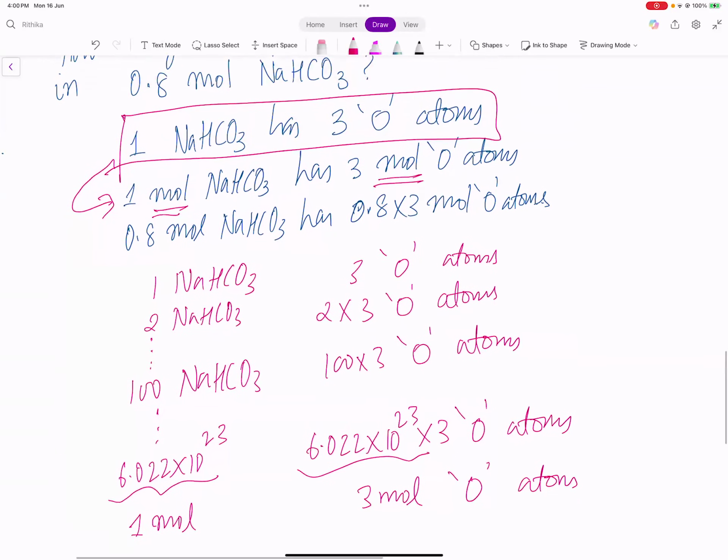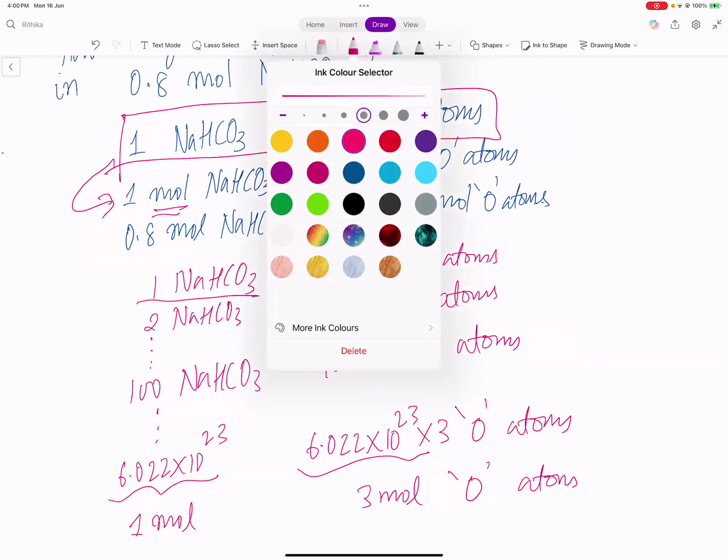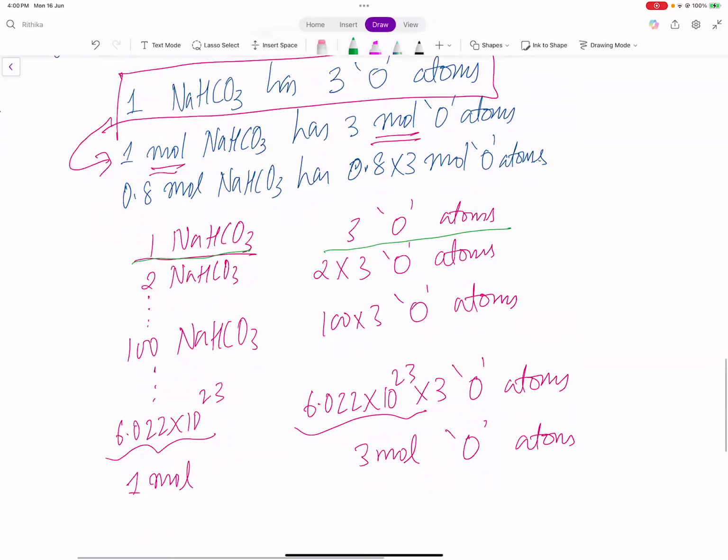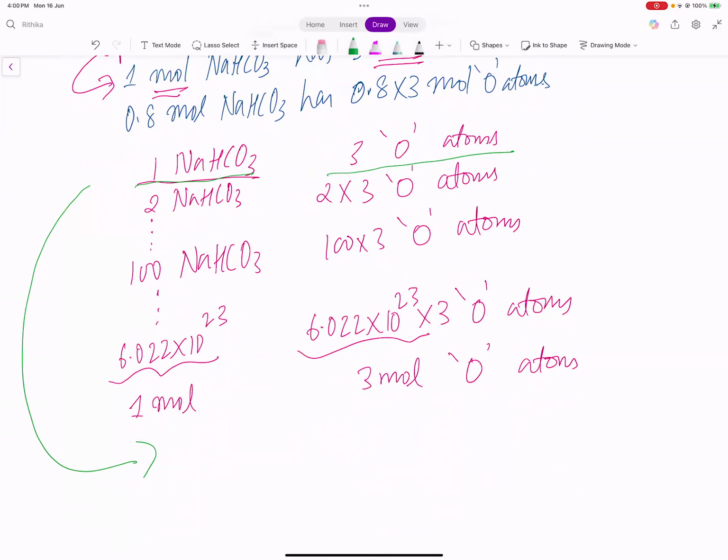Because we are multiplying both sides by 6.022 into 10 to power 23, it is becoming Avogadro's number. You can also think of it like that. If I multiply it by Na, then it will become 1 Na, and Na is Avogadro's number.